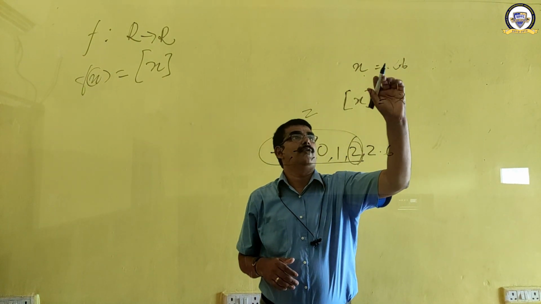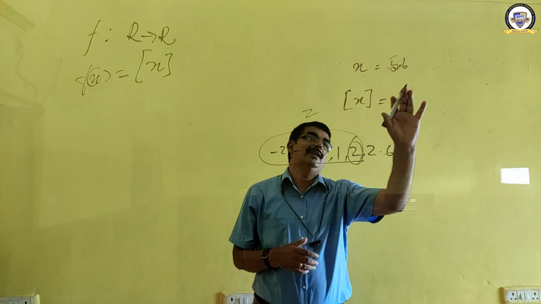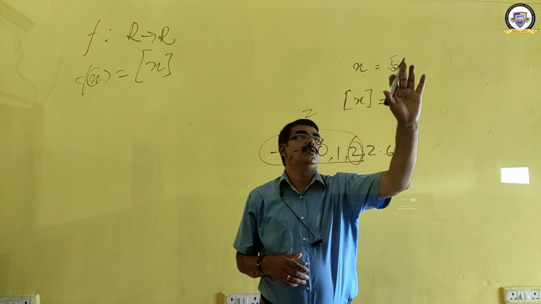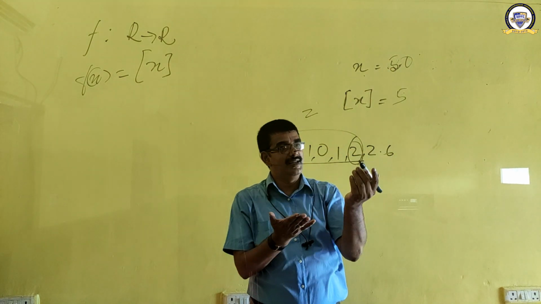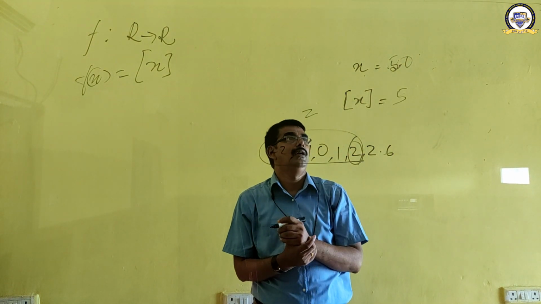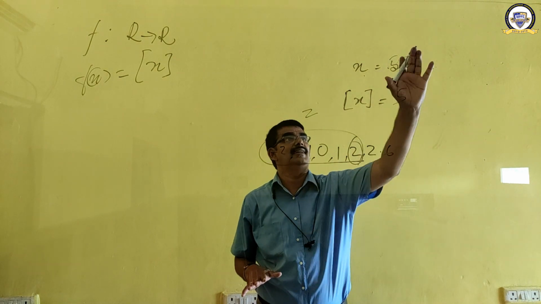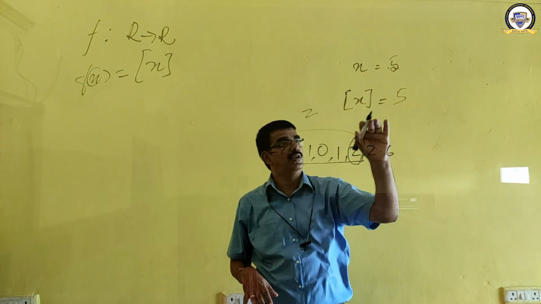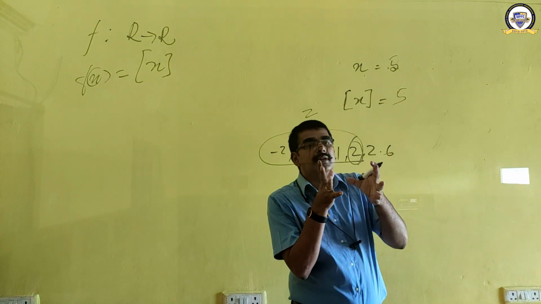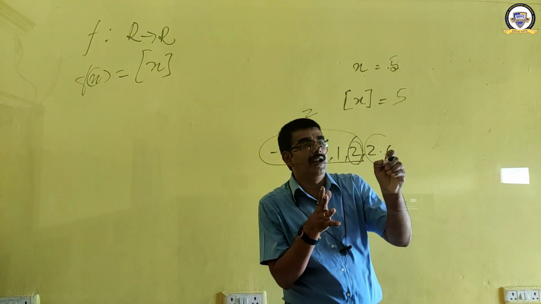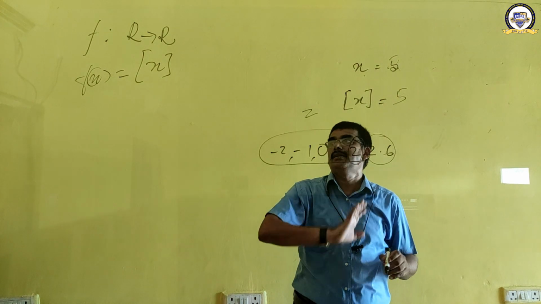If it is 5.6, what value will you get? 5. If the value is 5.0, then also 5. 5.0, its nearest integer is 5 only, since it is itself an integer. So, the nearest integer of that real number will be the greatest integer.